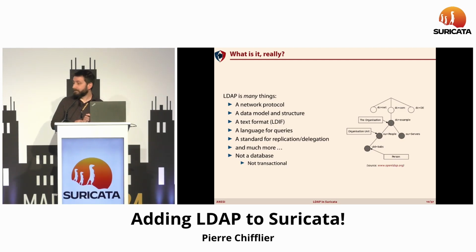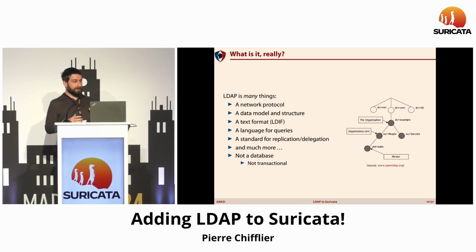By the way, I don't know why IT folks always represent trees upside down, but that's just something I wonder. It's also a text format, a language for queries, so you can also filter queries like SQL queries, but these ones are much more complex. We'll see. It's almost everything, but not the database.